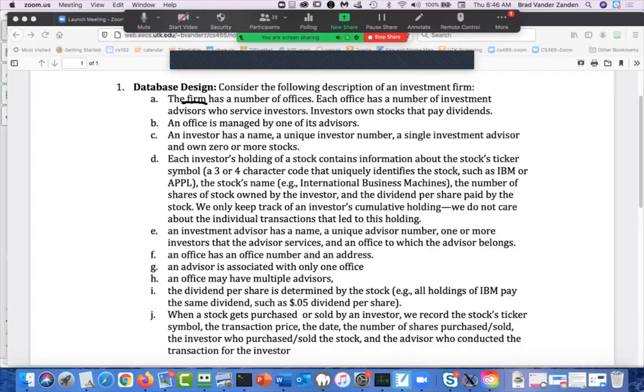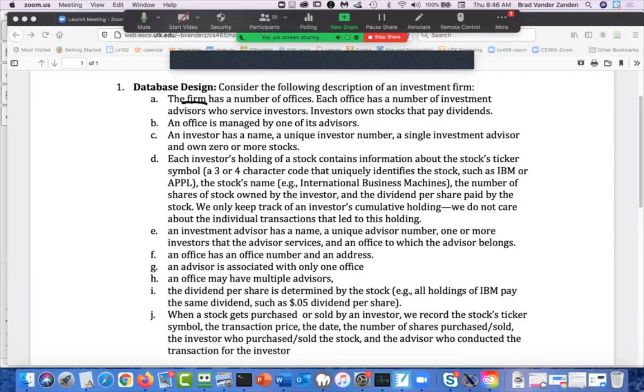So this is the first common thing that I see on homework assignments and exams: I will say the hospital has, or the firm has, or the library has, and I see an entity for firm or hospital or library, and it's not an entity. It might be the name of the database, but it is not an entity.